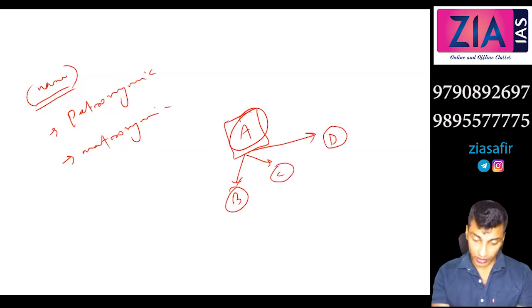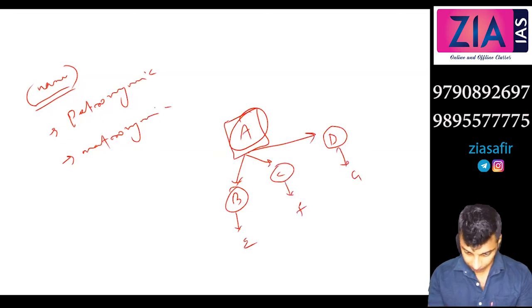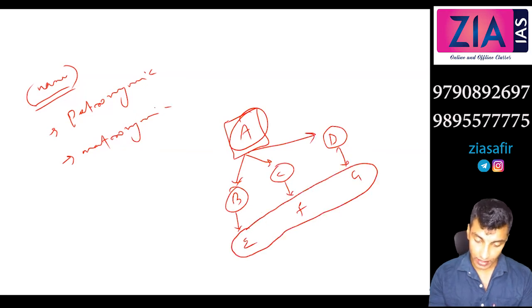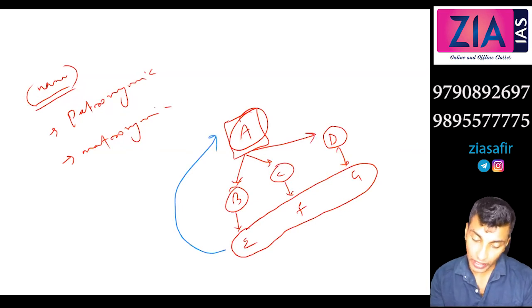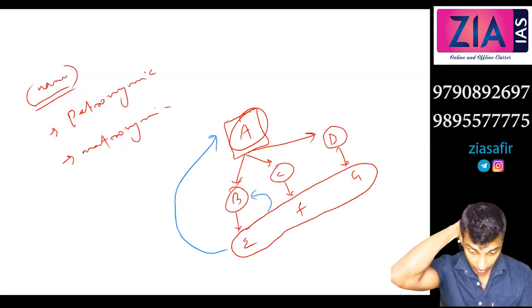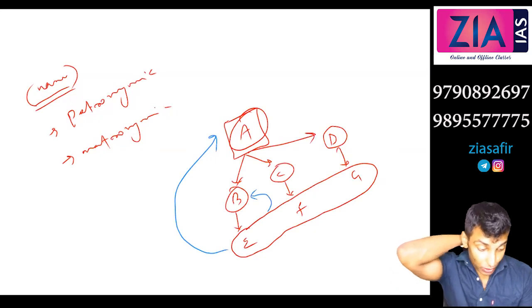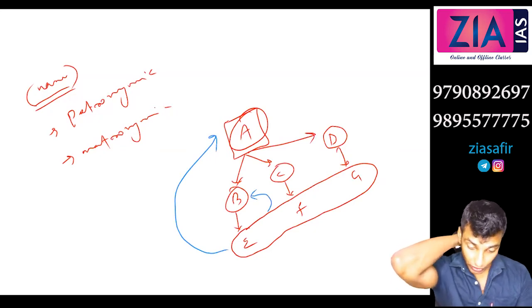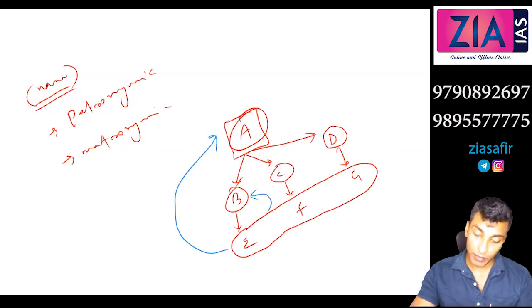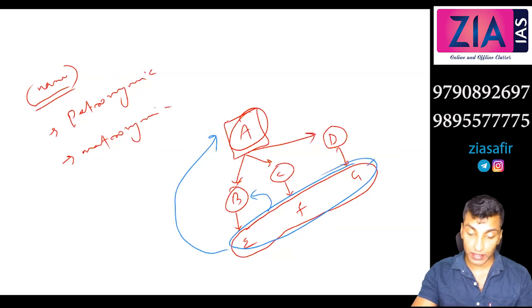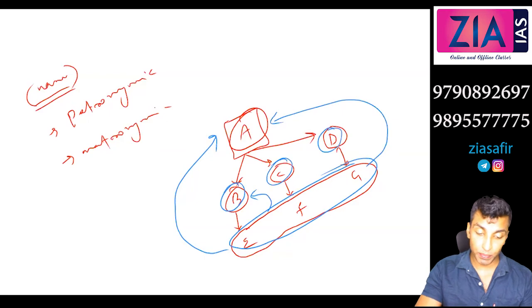B has children E, F, G. All of these have a common father, so they will be known by the name of the mother. For example, Ram, Lakshman, Kausalya Putra, etc. Otherwise, Ram and Lakshman are actually from the same father, but to recognize them you will use the name of the mother. So that is what metronymic means.